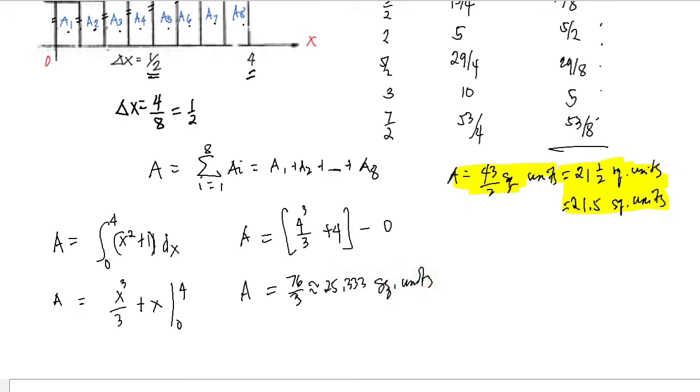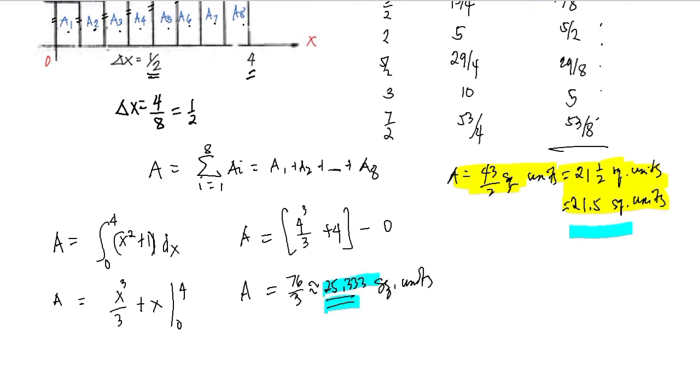As you can see, yung true value natin na 25.333, medyo malayo pa itong 21.5. So, habang dinadamihan natin ng dinadamihan, ito yung value, no, nung n natin, therefore, papunta tayo ng papunta dito sa 25.333. No? So, imagine niyo kung hatiin natin yan into 100 area. Malapit na yan. Okay, pero sino ba naman ang magpa-exam ng 100 na area ang pagkakahati?